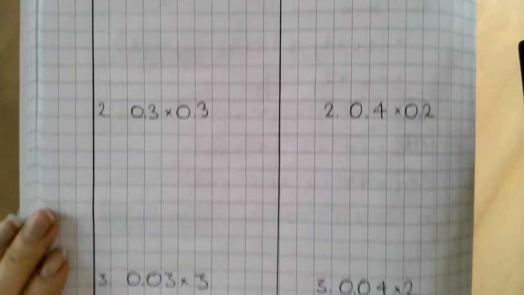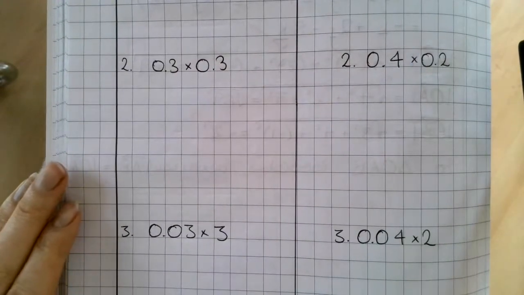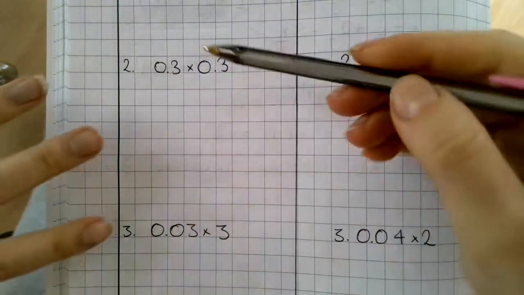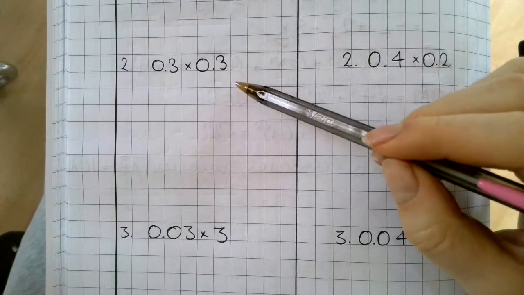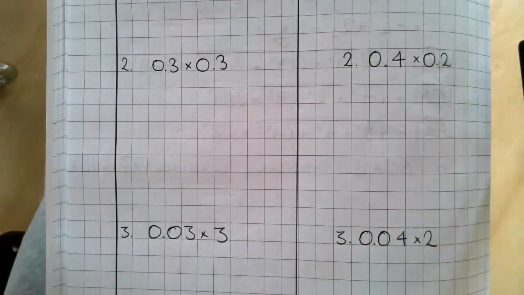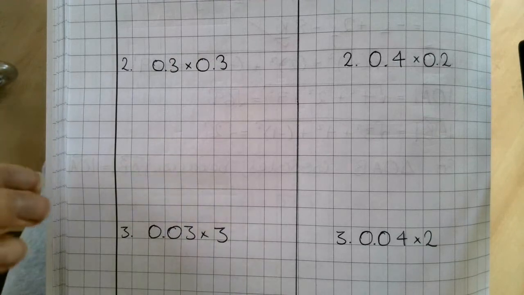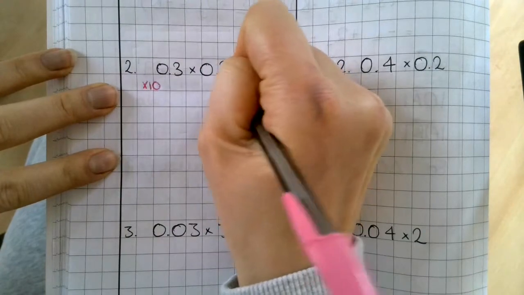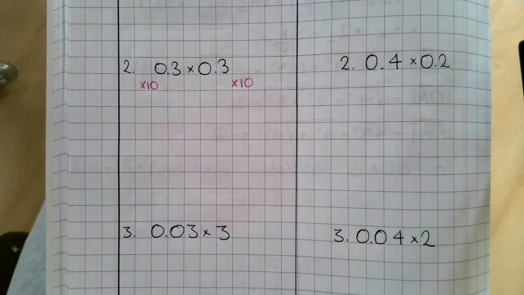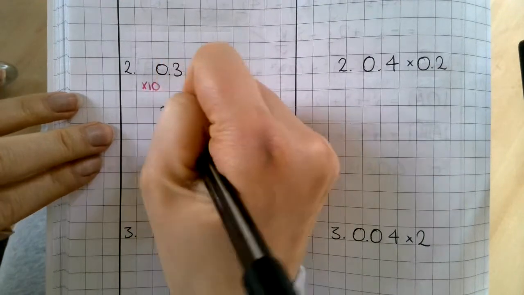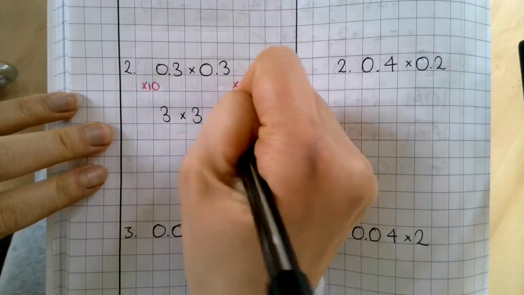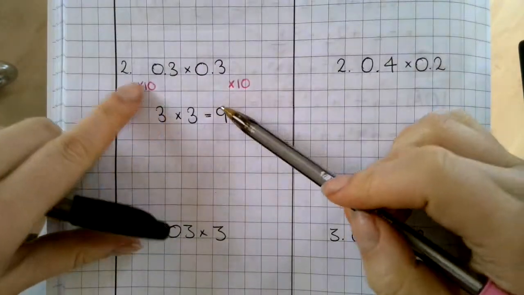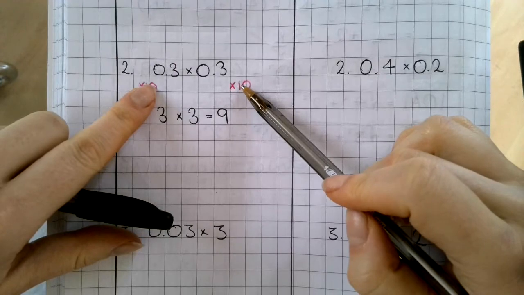Moving on to the second question for the I do task. 0.3 times 0.3. This time I've got 2 decimals multiplied together. So I need to turn both of them into whole numbers or integers. So multiplying both decimals by 10 this time. And I get, again, the calculation 3 times 3, which we know is 9. Now again, I'm going to do the inverse of multiplying by 10.